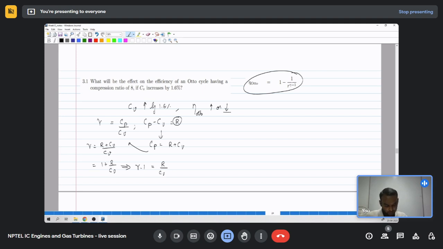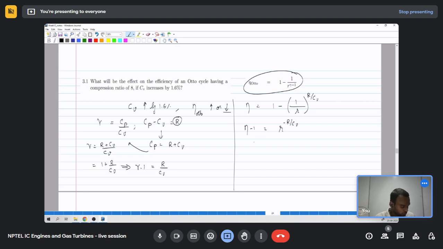So gamma minus 1 is what we have in the efficiency expression. Now efficiency is 1 minus 1 by r power R by Cv, and 1 minus efficiency is equal to r power minus R by Cv.